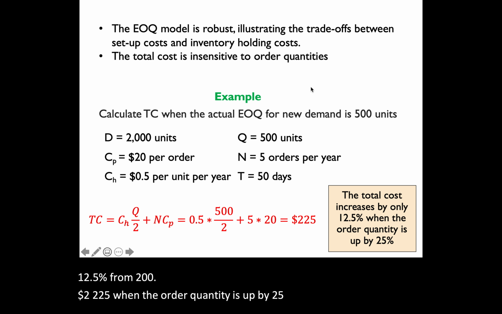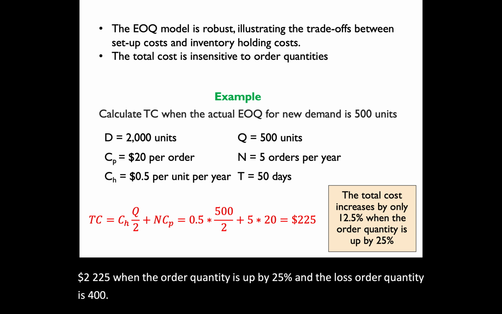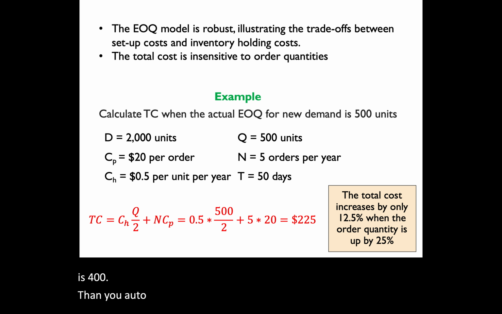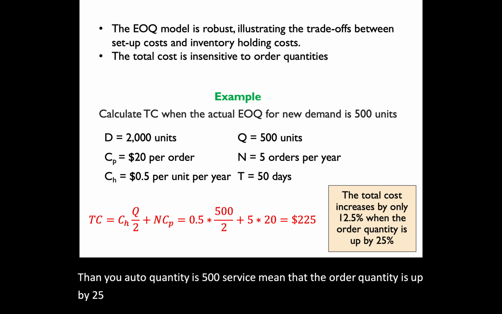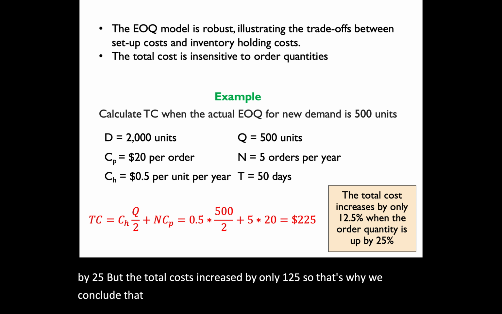The last order quantity is 400, and the new order quantity is 500. So it means that the order quantity is up by 25%, but the total cost increased by only 12.5%. So that's why we conclude that the total cost is insensitive to order quantity. Okay?